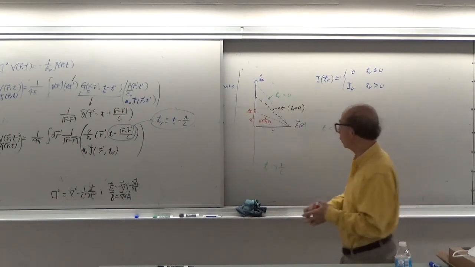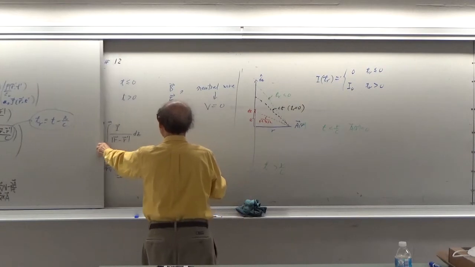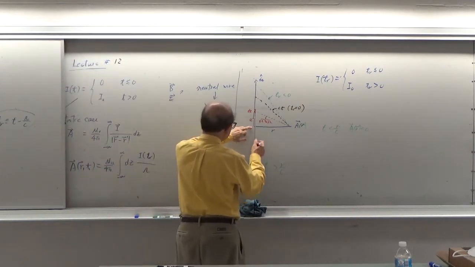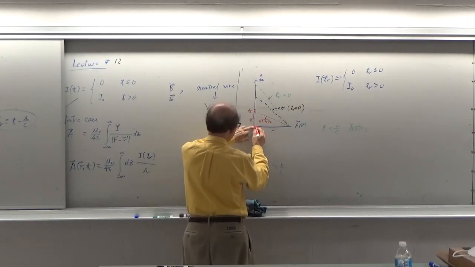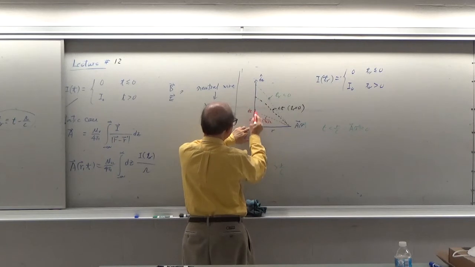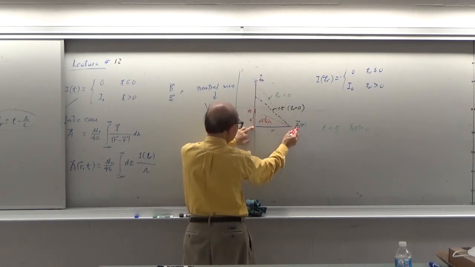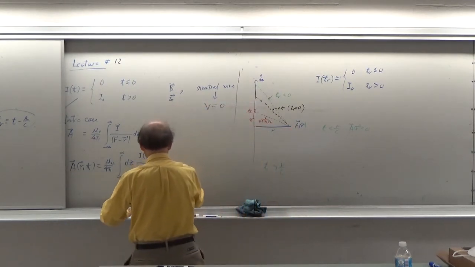So all we have to do is the integration over z, from the origin up to this point, because information about the current above this point at time t is not known to the observer at this point. So that we have the result.